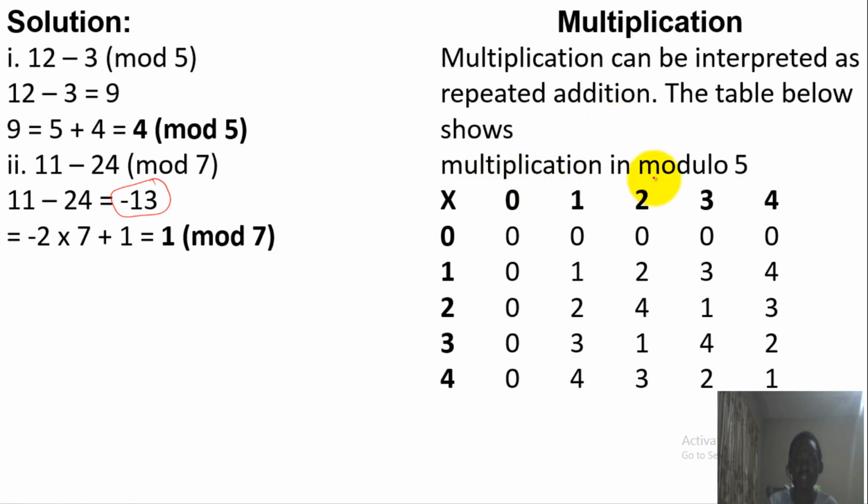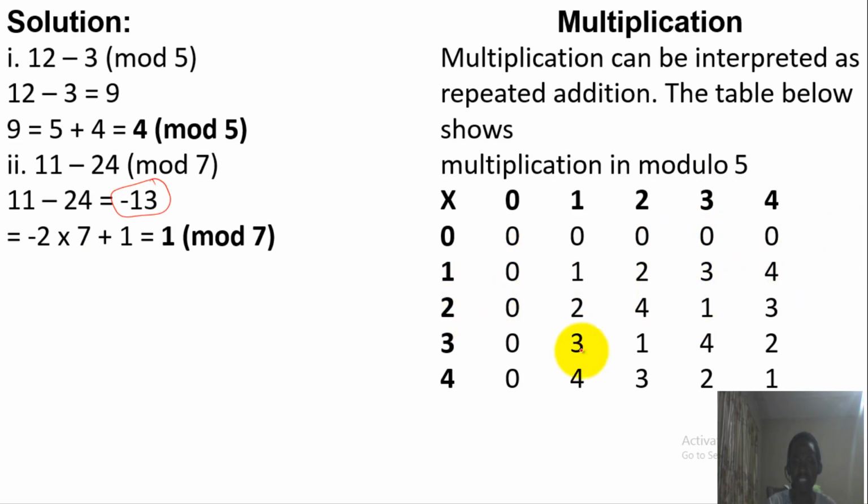Then for multiplication in mod 5, it's just the same thing. Anything multiplied by 0 automatically will give you 0. Then any number that is not up to the mod, you just put it there. 0 multiplied by everything is 0. 1 times 0 will give me 0. 1 times 1 is not up to 5, put 1 back. 1 times 2, 2 is not up to 5. 1 times 3, 1 times 4.